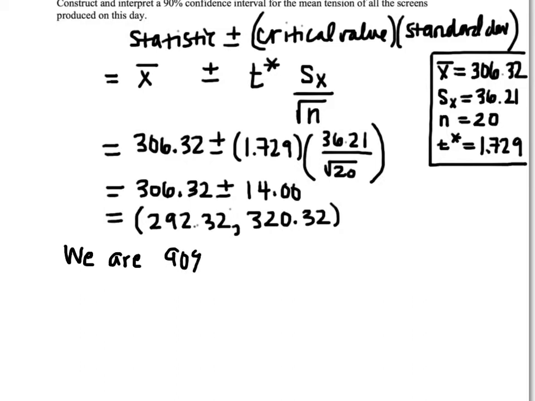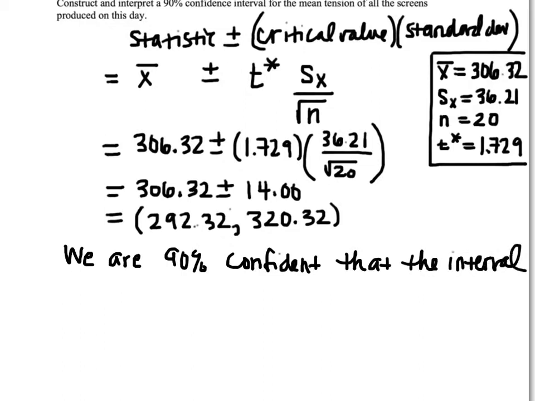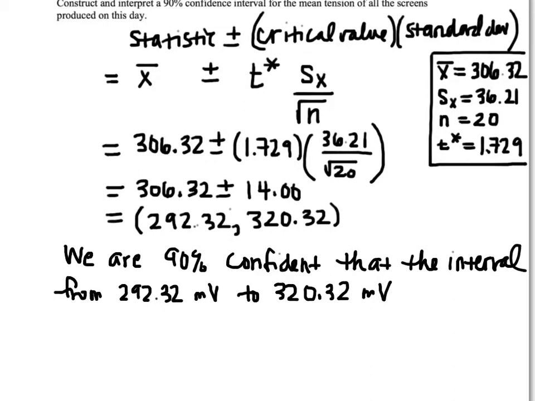We are 90% confident that the interval from 292.32 millivolts to 320.32 millivolts captures the true mean tension of the terminals produced that day.